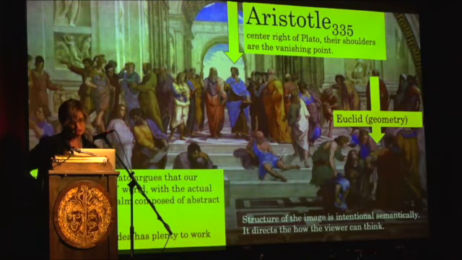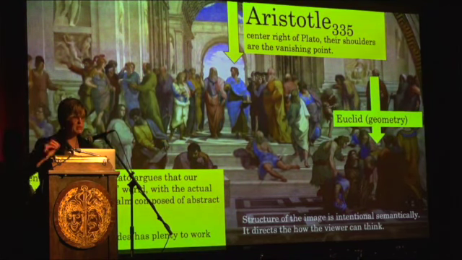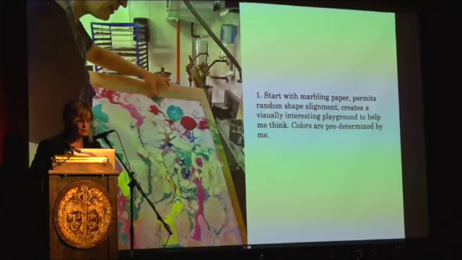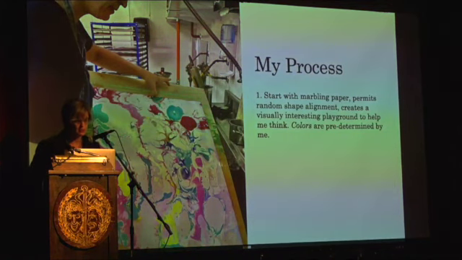So the structure of this image is intentionally semantic. It's framing how you're allowed to think, but it's framing it using only pictures and nothing else, right? There's no words here. So my process, the picture that you saw before, I start with marbling paper, which is very wet and slimy and fun. So at this point, I'm defining what the color set should be. And we know that colors influence the way that people think about certain things.